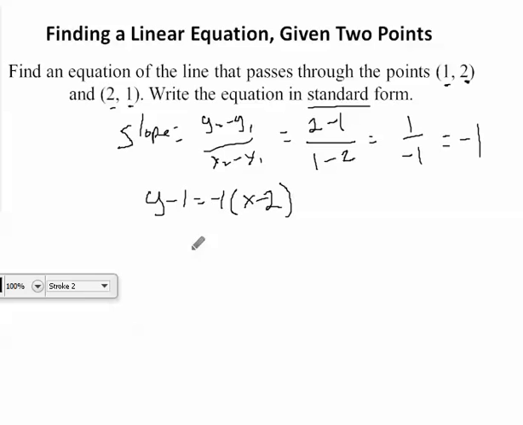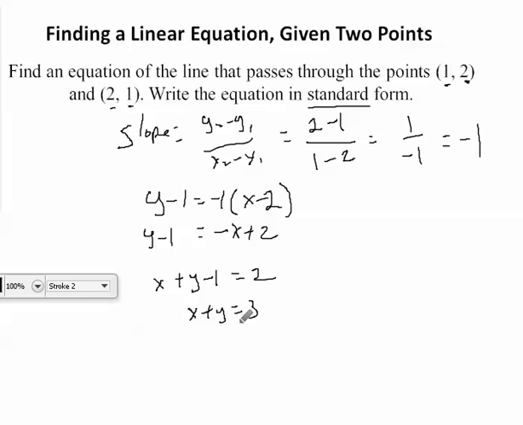Oh, that means I got to go through and put it into standard form. So that's minus x plus 2 is equal to y minus 1. I'm going to add the x to both sides, and I'm going to get x plus y minus 1 equals 2. Add the 1 to both sides, and I'll get x plus y equals 3.